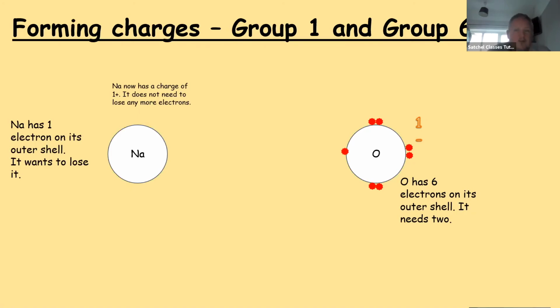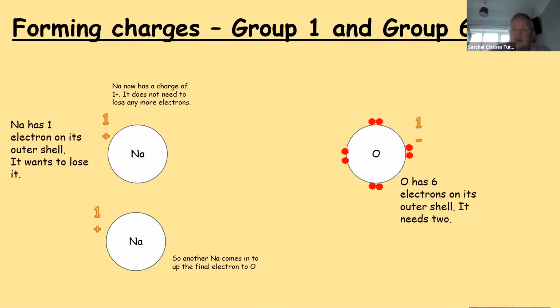But oxygen still needs 1 electron from somewhere. It's not happy, it won't stop there. Sodium's got nothing left to give. So another sodium now comes along with an outer shell electron that it needs to lose, and it will give it up. Both those sodium ions now are quite happy with a charge of +1 and a full outer shell underneath.